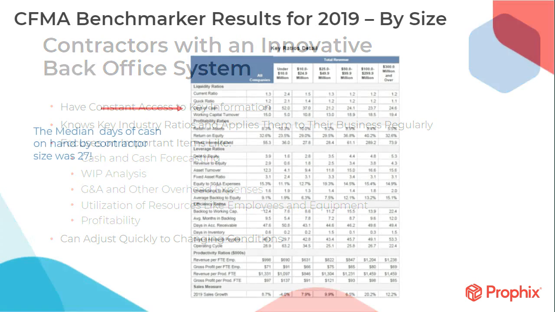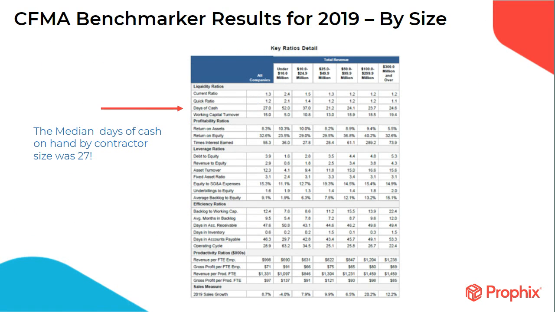Now I want to get a little bit more focused on cash. CFMA, Construction Financial Management Association, puts out a benchmarking tool every year that allows contractors to benchmark or compare themselves to other contractors to see how they stack up. I know Moss Adams puts out one as well. But I pulled the results from CFMA a few weeks ago to see what the average days of cash a contractor had on hand.